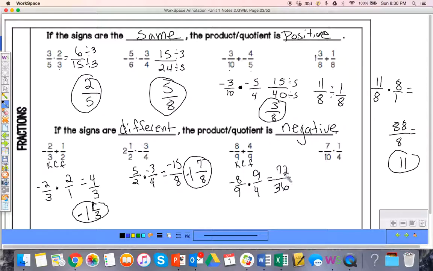If you don't know, both of these numbers can be divided by 36. So we get the answer of 2/1, or we could just write 2. Okay? We have a negative divided by a negative divided by a positive, so that gives me a negative answer.